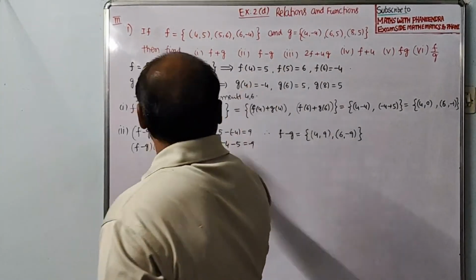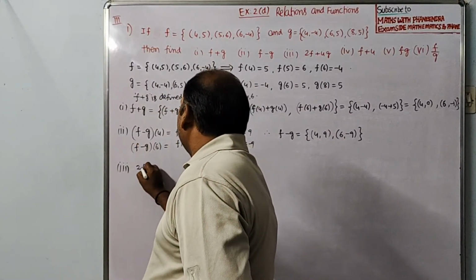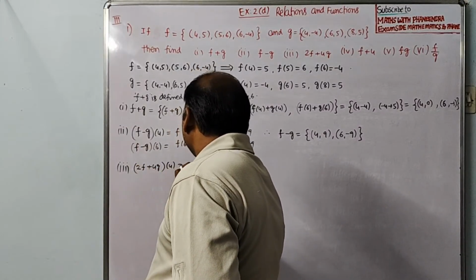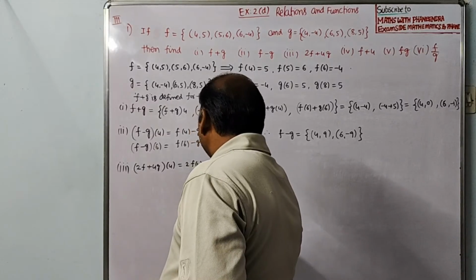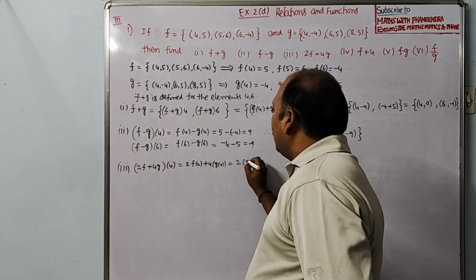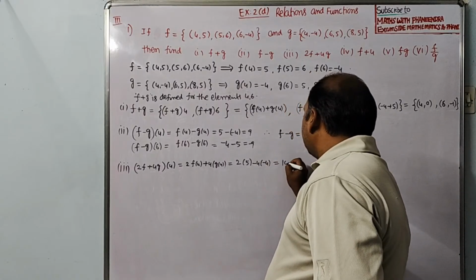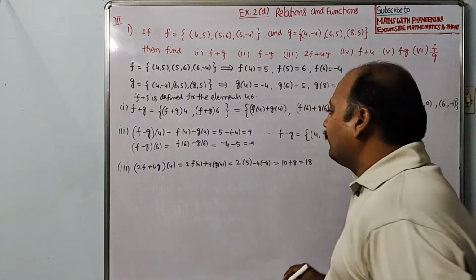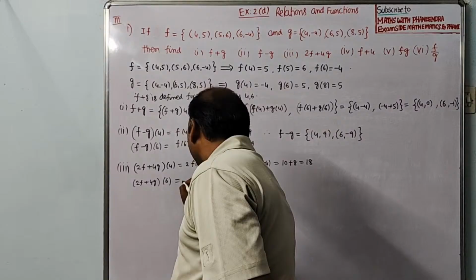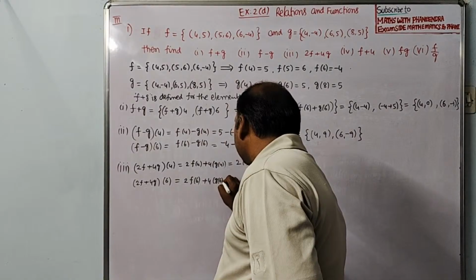Next come to question number 3. In question number 3 also the same situation will follow. 2f plus 4g of 4 first. So 2 into f of 4 plus 4 into g of 4, which is equal to 2 times 5 plus 4 times minus 4, 10 minus 16, that is equal to minus 6. Next 2f plus 4g of 6. 2 into f of 6 plus 4 into g of 6.